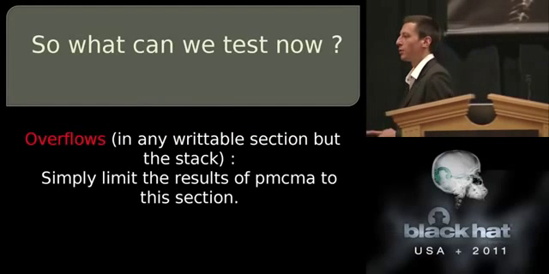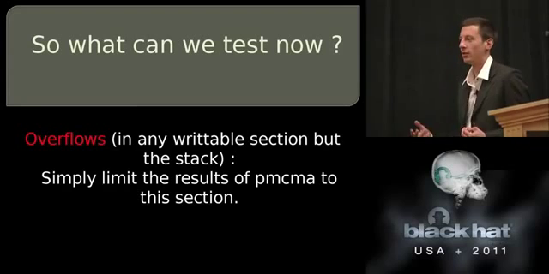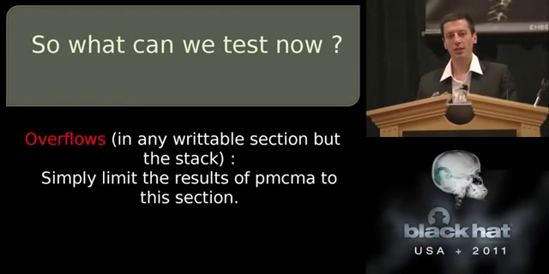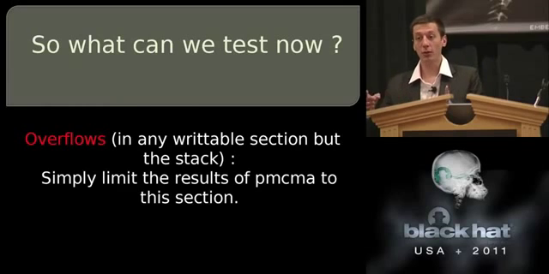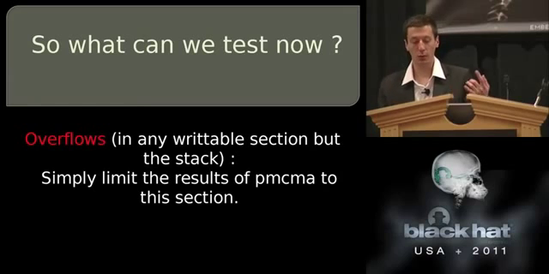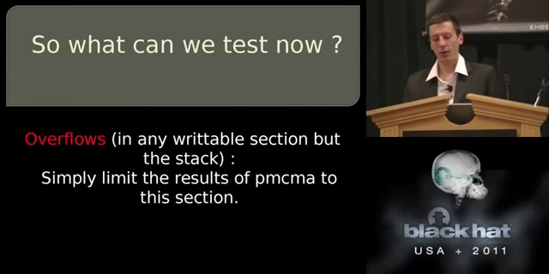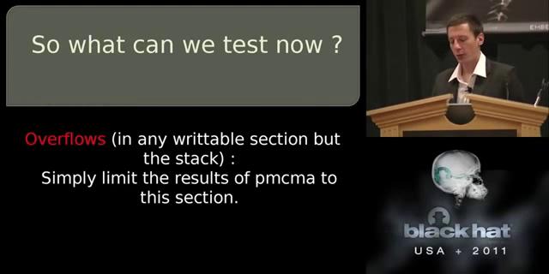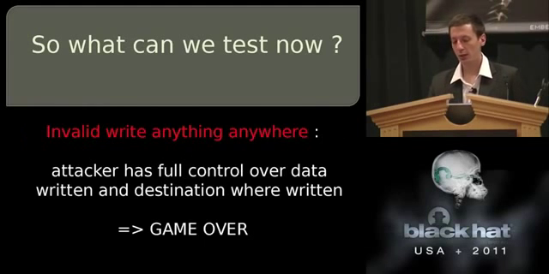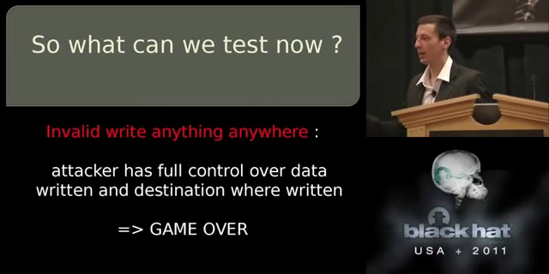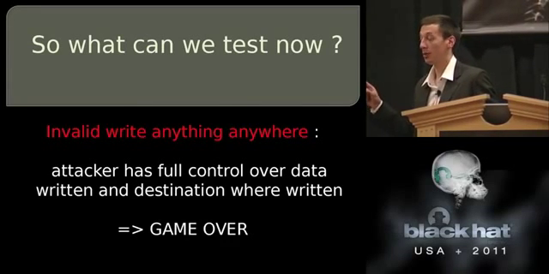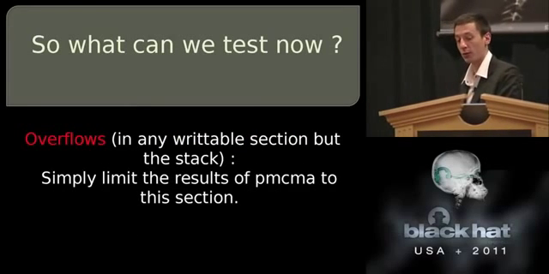Okay, so overflows are a particular kind of invalid memory write. We can see it that way, in the sense that they usually have a length. Instead of writing just 4 bytes or one pointer, they overwrite memory sequentially. The tool currently can check invalid memory writes which happen randomly and at a very precise location, or overflows.